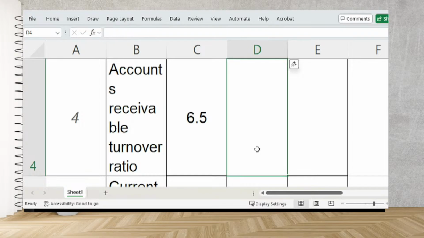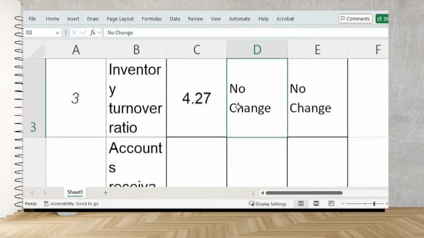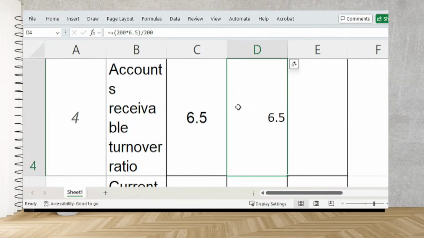So 200 multiplied by 6.5, divided by 200, because the debtors now get reduced, and the sales stay as they are.